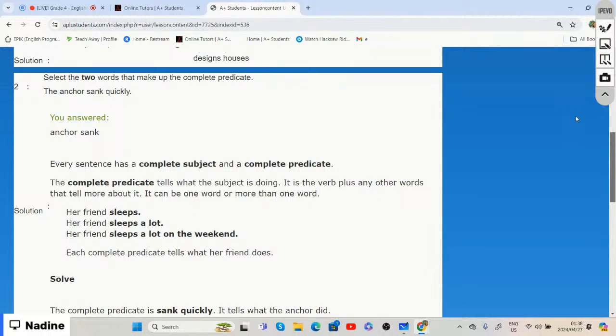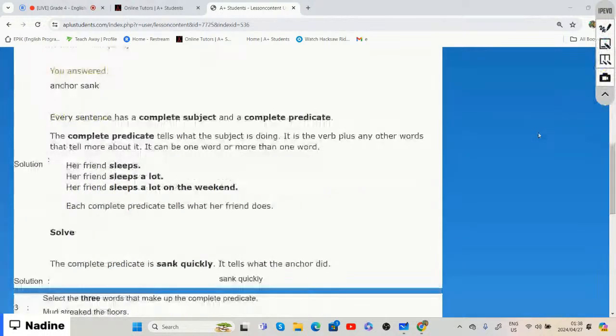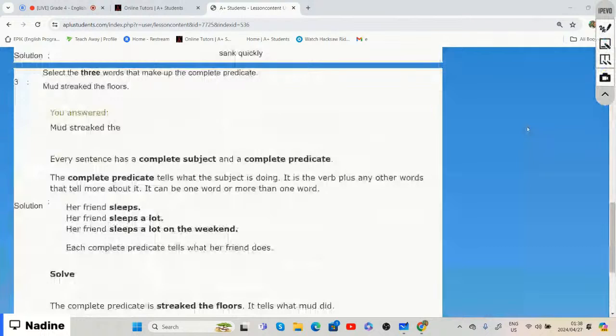The anchor sank quickly. If we look at our sentence and select the verb, the two words would be sank and quickly. That is the predicate within that sentence. And mud streaked the floors.